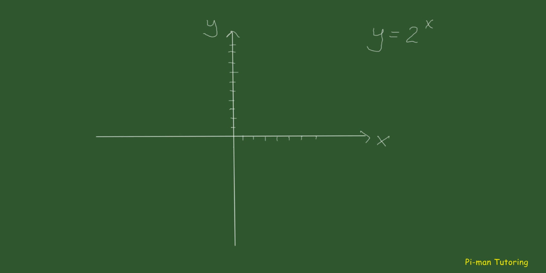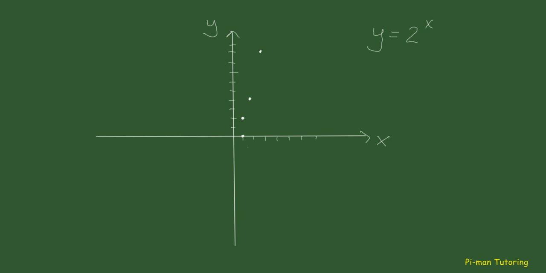If we feed in x equals 1, then y will be equal to 2 to the power of 1, which is 2. When x equals 2, 2 to the power of 2 means 2 times 2, so then we will have 4. And when x equals 3, y will equal 2 to the power of 3.